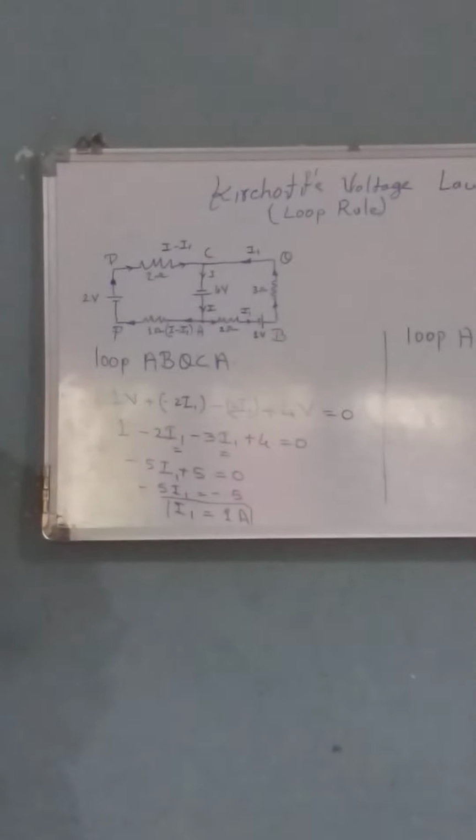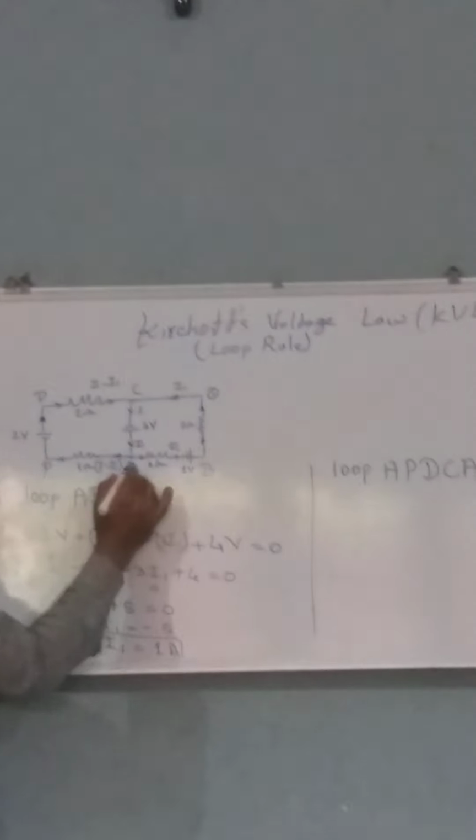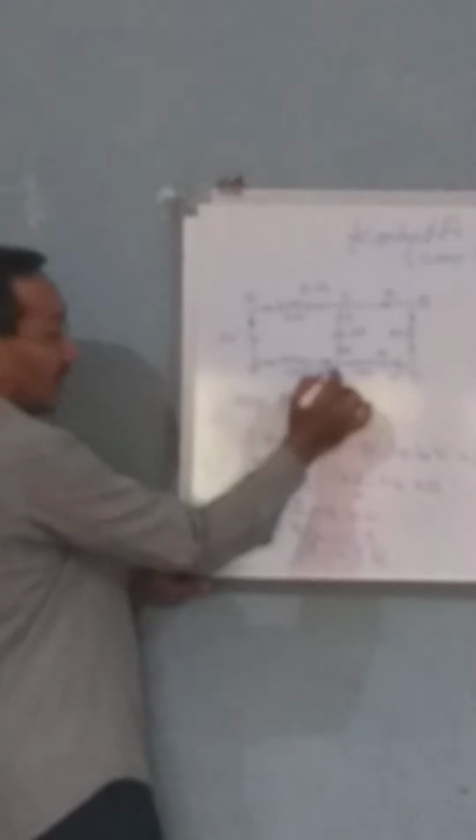Now, the next loop is A, P, D, C, A. This is the second loop. Now consider that the flow of current is I minus I1 passing through the 1 ohm.